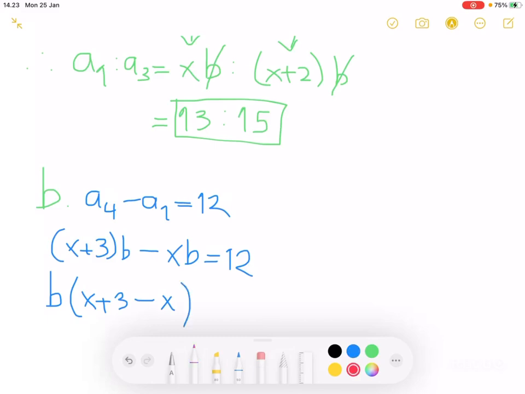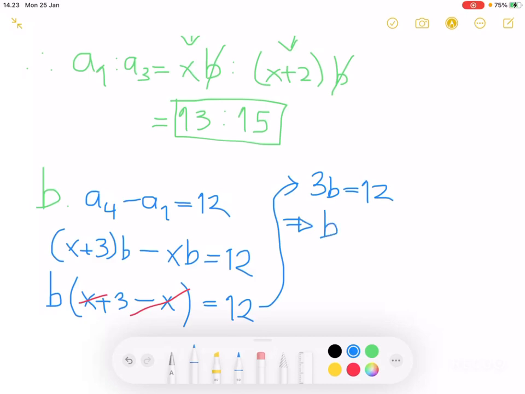Notice x and negative x cancel, so we have 3b is equal to 12. Dividing both sides by 3, we get that our final answer for b is 4. There we go.